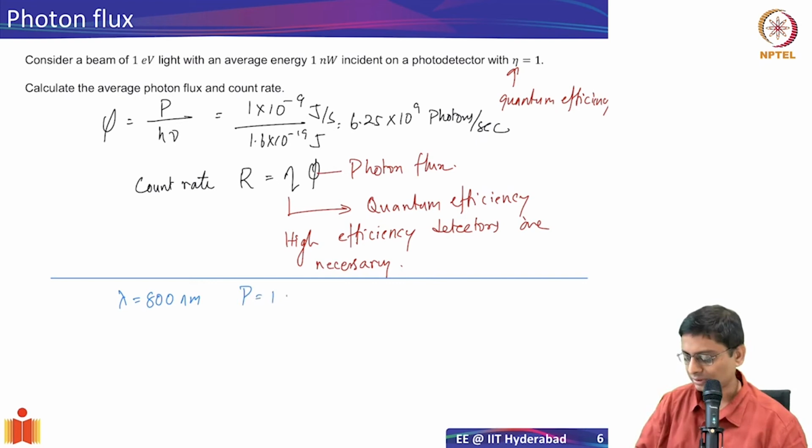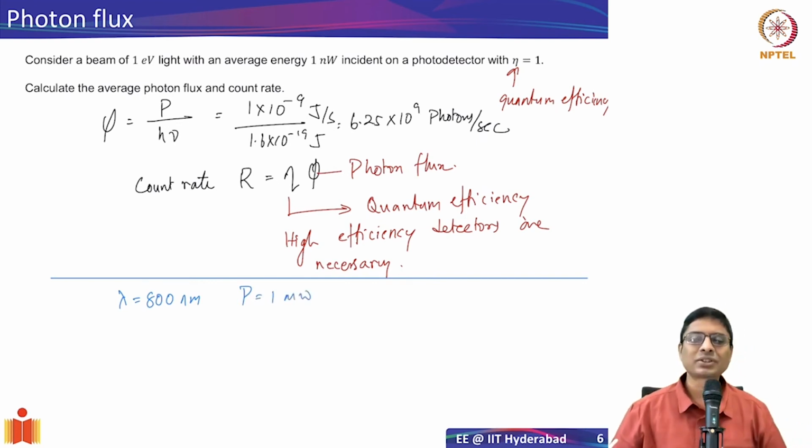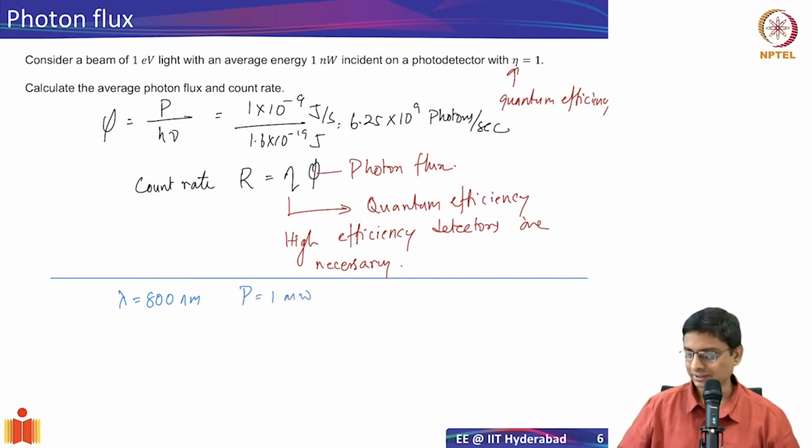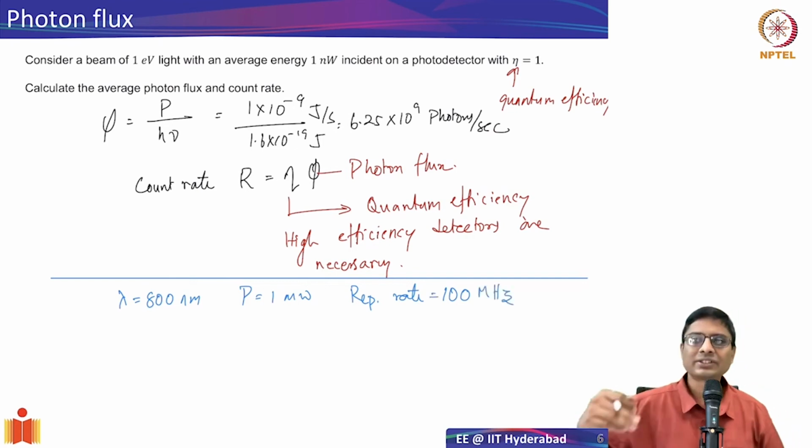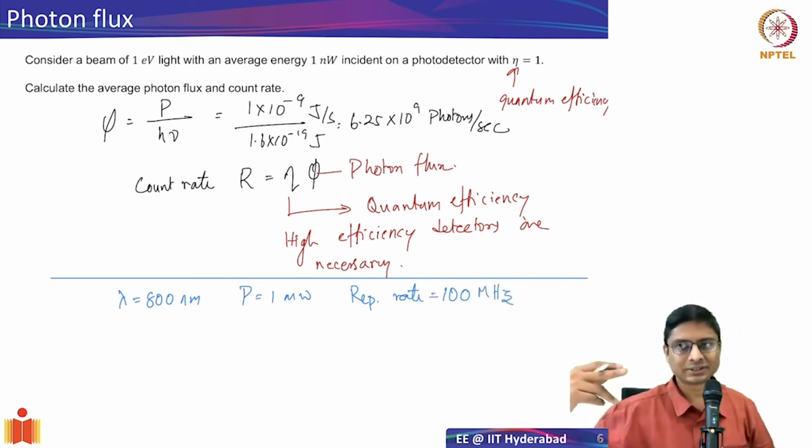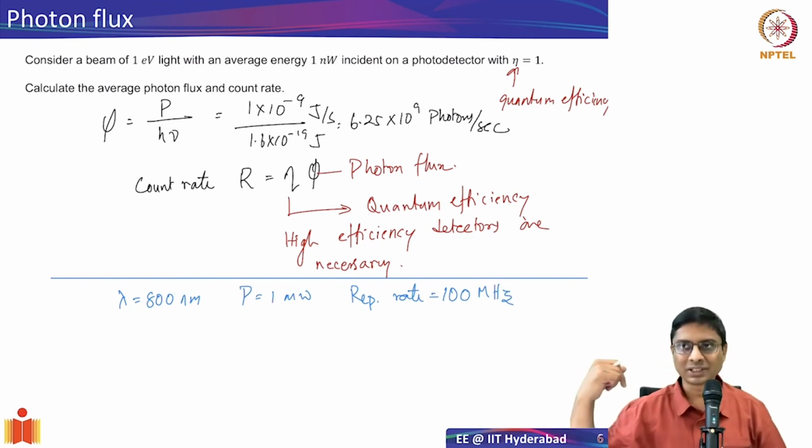But this time, instead of a continuous laser, it is a pulse laser with a repetition rate of 100 megahertz. That means it generates 10 power 8 pulses per second at an average power of 1 milliwatt.